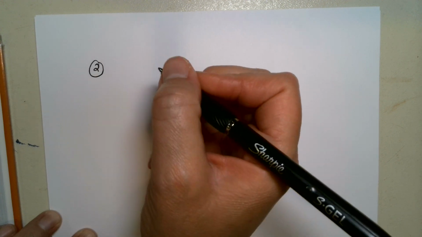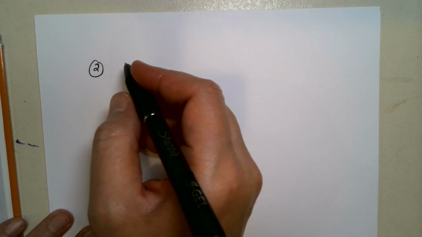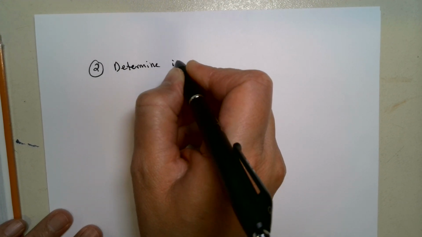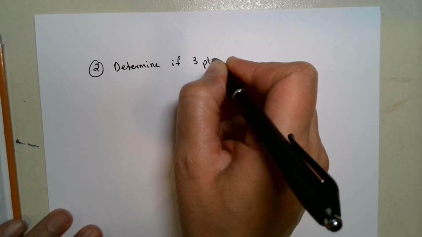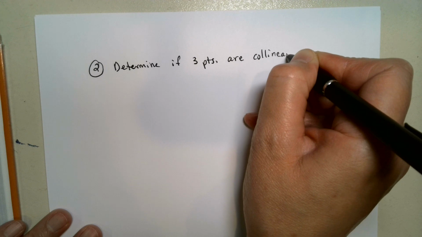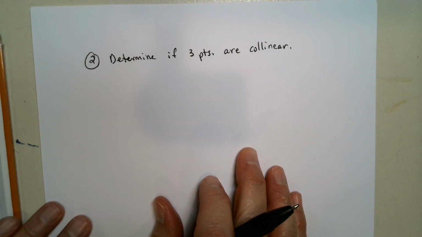Our second application is very similar, and you can use determinants to determine if 3 points are collinear. Now, if we were together in our room, I would ask you, what does collinear mean?